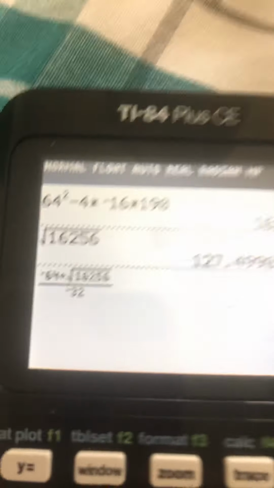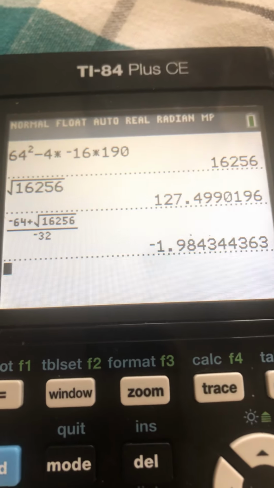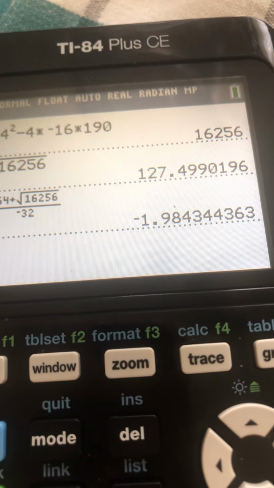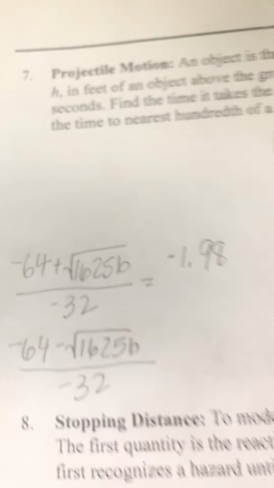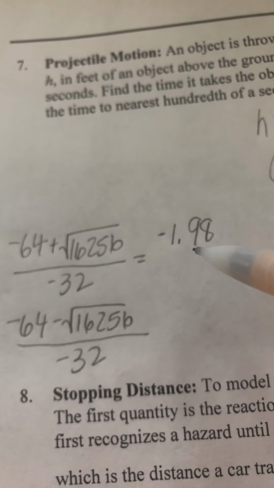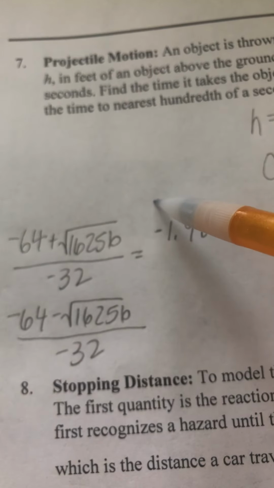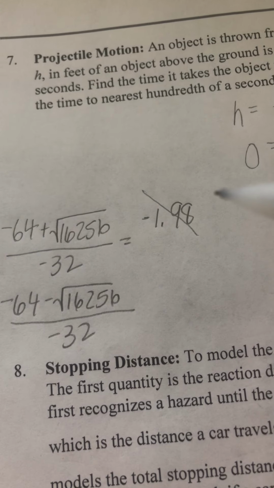Okay, so here's the plus version. Okay, so that is not going to be a useful answer for our purposes. We will not use it because we're solving for time, and that's a negative value. So that gets nixed because it does not apply in terms of the problem. So let's look at the minus version.